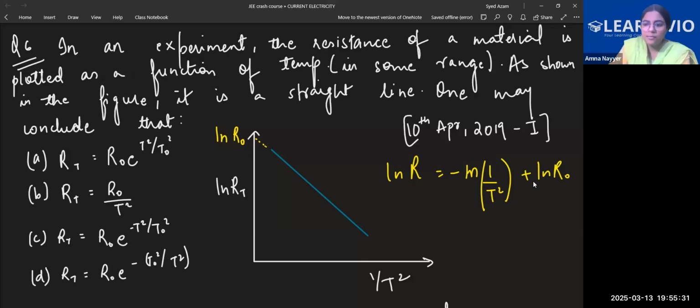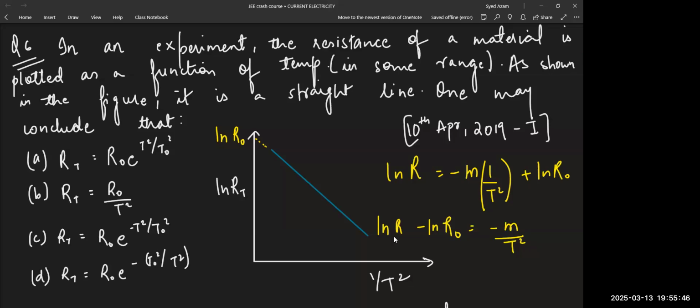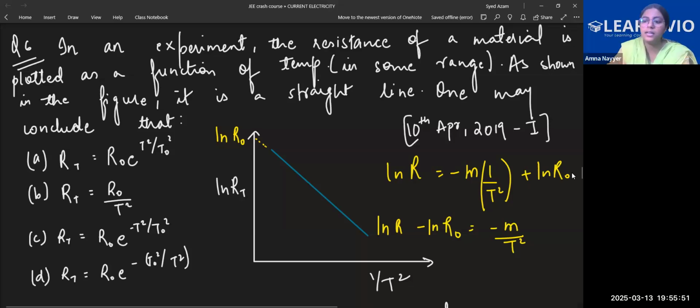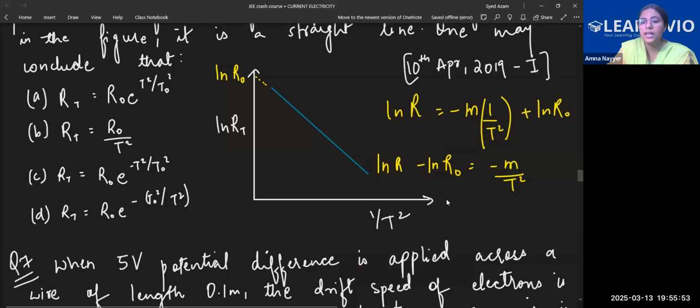Now, if I bring this ln R naught here, ln R minus ln R naught is equal to minus m by T square. What is log a minus log b? How do you write it? log a by b, correct. So this is written as ln R by R naught, which is equal to minus m by T square.